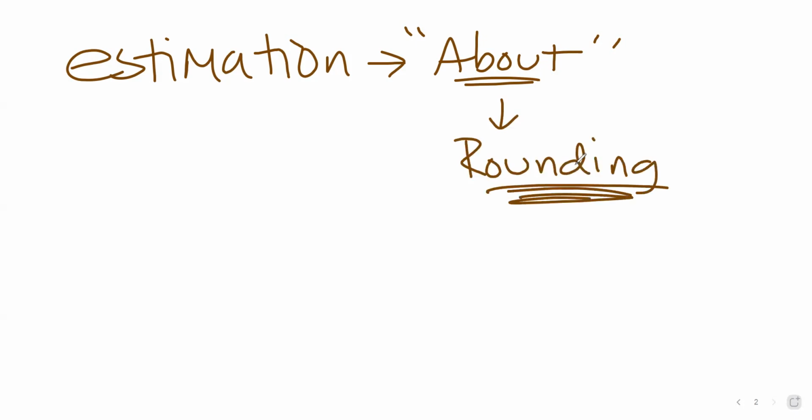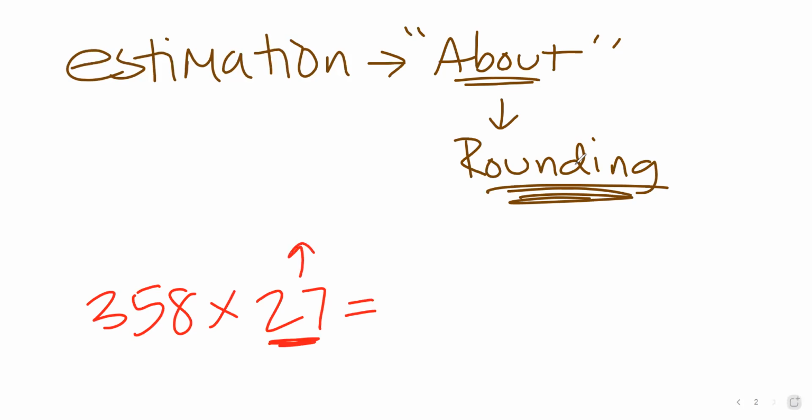Up until now, maybe we did something like, when we did this with multiplication, 358 times 27. If I had to estimate that, I would say, oh, well, this is about 30. And this is about, with compatible numbers, I'm going to call it 400 because that's compatible for me.